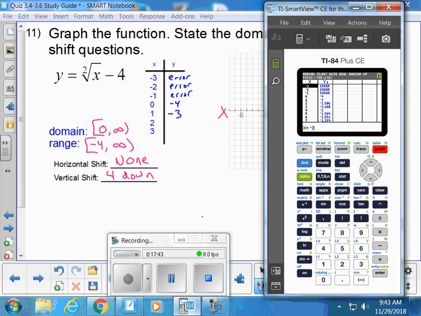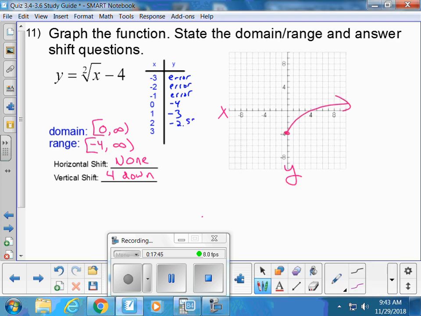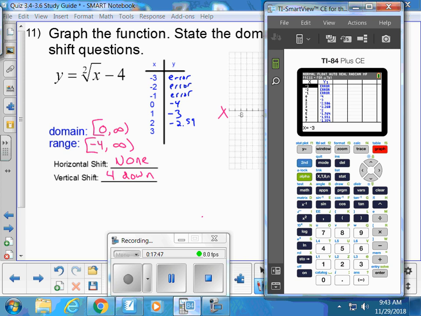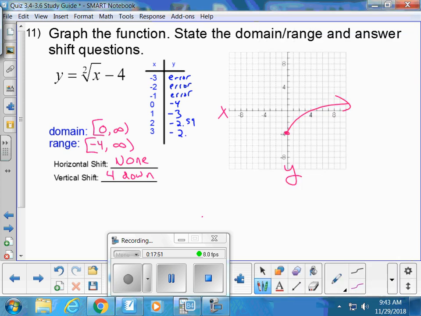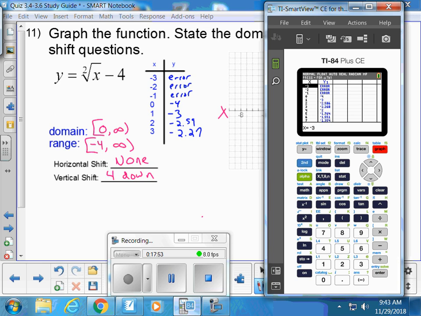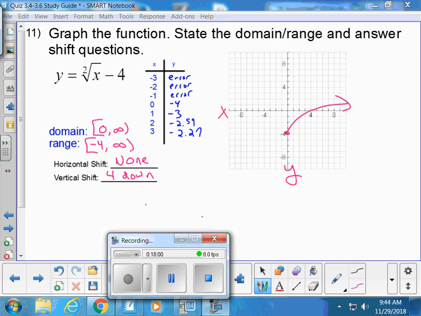Let's go negative 2.59. I hope that's accurate. And then negative 2.27. I did check on my handheld calculator, and that was accurate, negative 2.59. All right, so that was number 11.